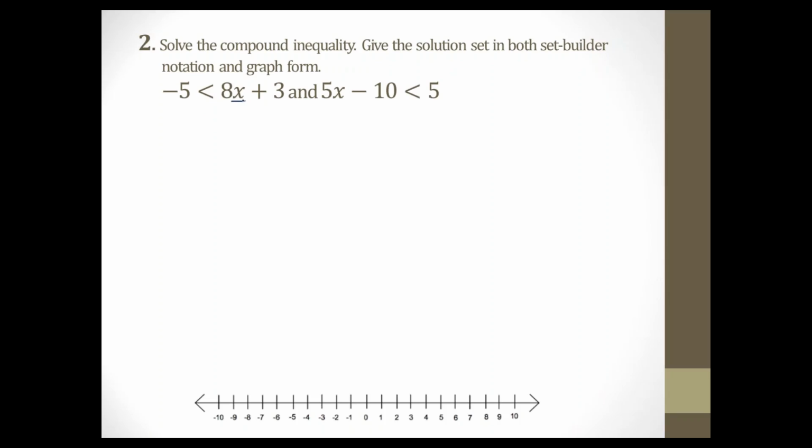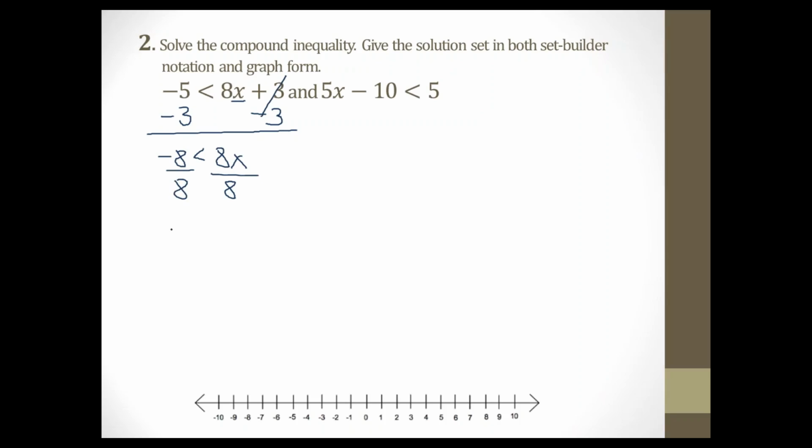Basically we are solving for x, so I'm going to move the 3 first by subtracting 3 from both sides, and negative 5 minus 3 gives me negative 8, and then I have 8x left, and this became 0. My last step to get x by itself is dividing by 8 on both sides.